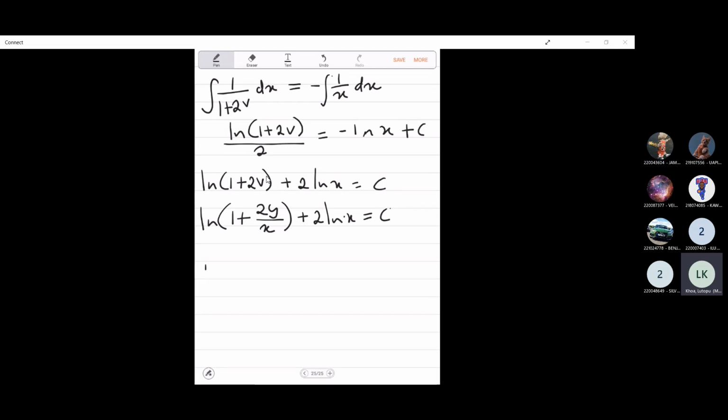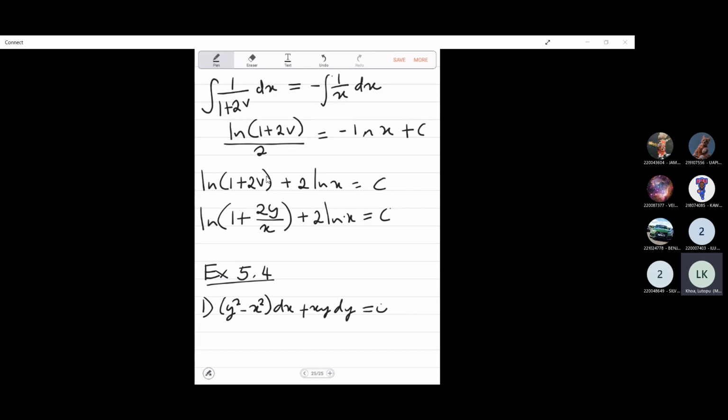Then we look at some of the questions from exercise 5.4. Start with number 1. We have y squared minus x squared dx plus xy dy.